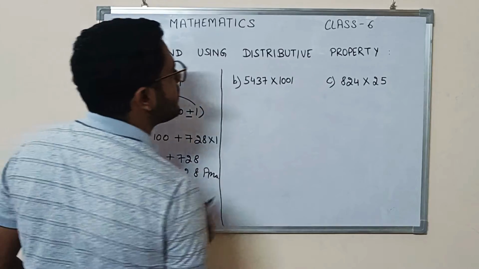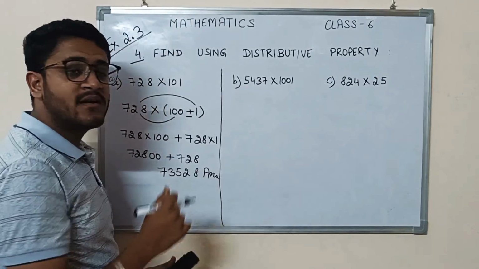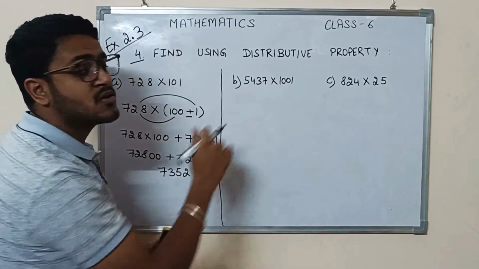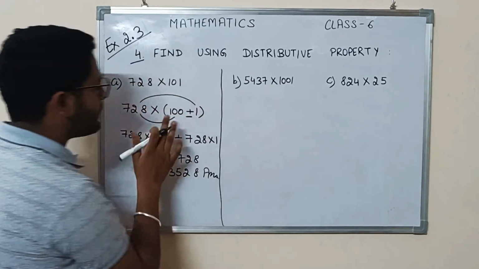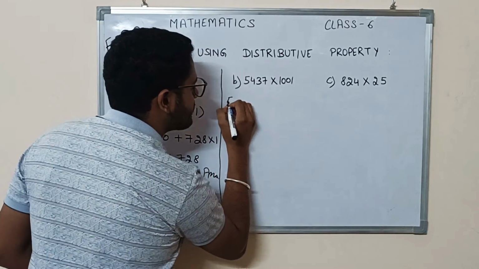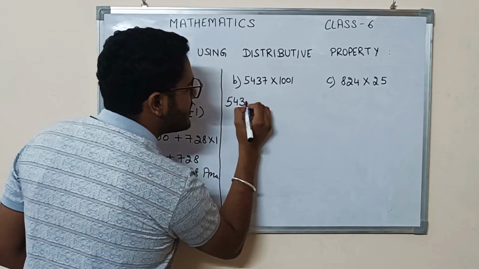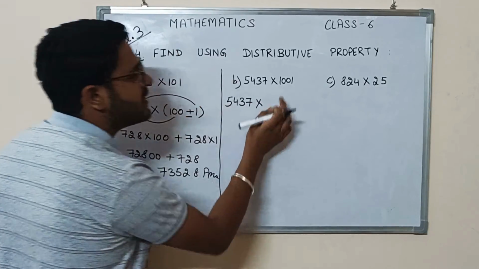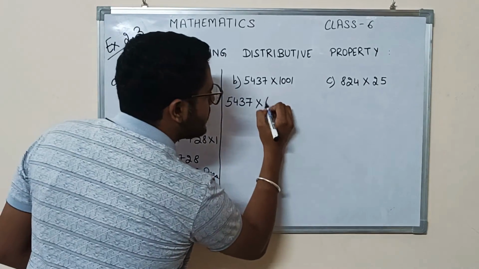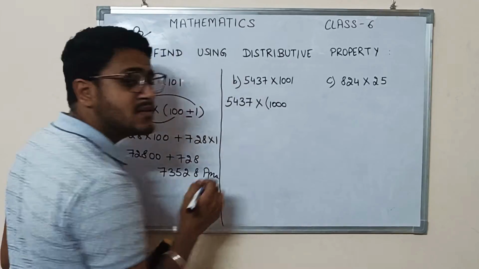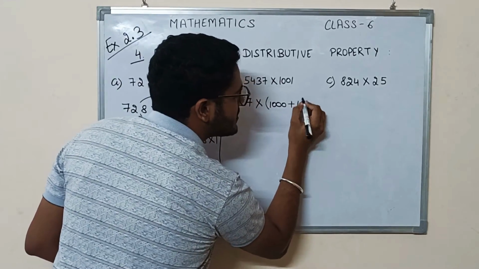Now let's move to the second part. 5437 multiplied by 1001. Again apply the same concept. 5437 multiplied by 1001 can be written as 1000 plus 1.